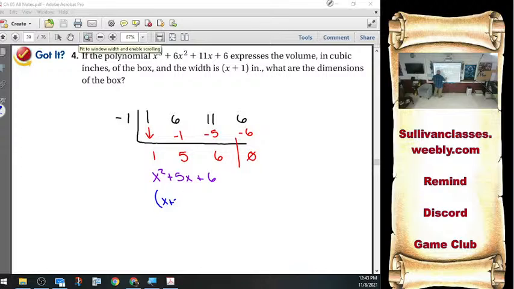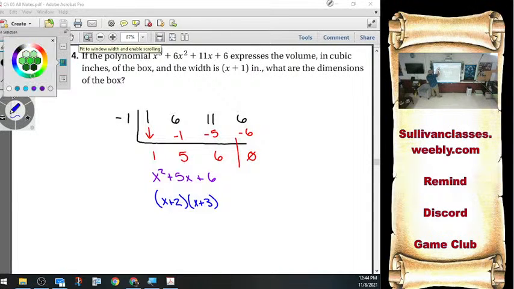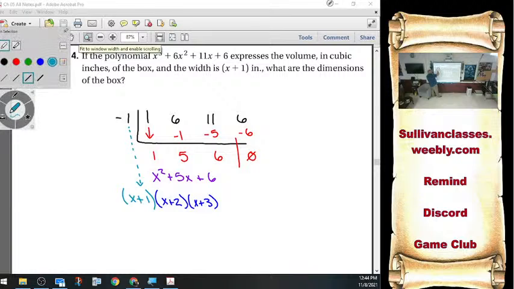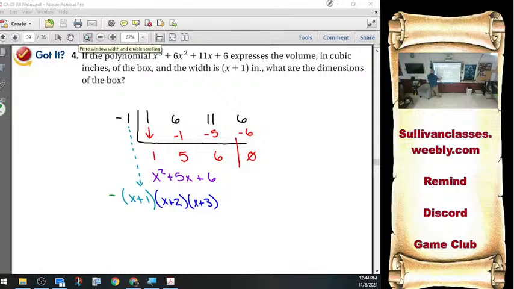Is that right? X squared plus 5x plus 6 equals x plus 1. It's 5.